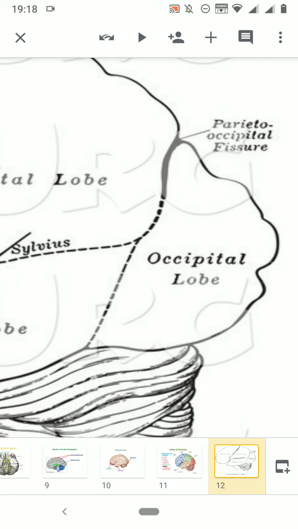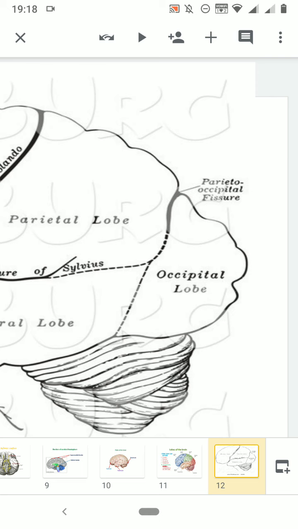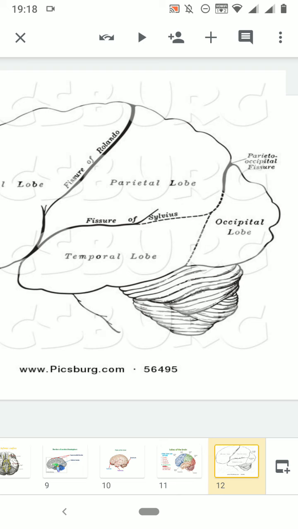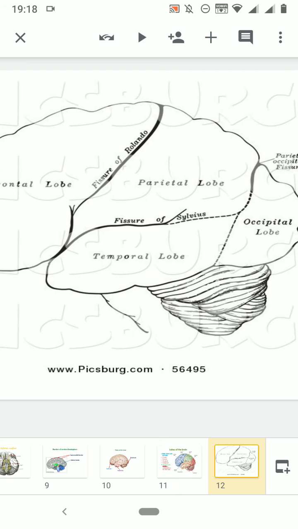Now this pre-occipital notch is about 4 to 5 centimeters anterior to the occipital pole on the inferior lateral border. These are the imaginary lines which are drawn, nothing but extensions of these major fissures, so that we get 4 well demarcated areas, and so that we get the 4 lobes.